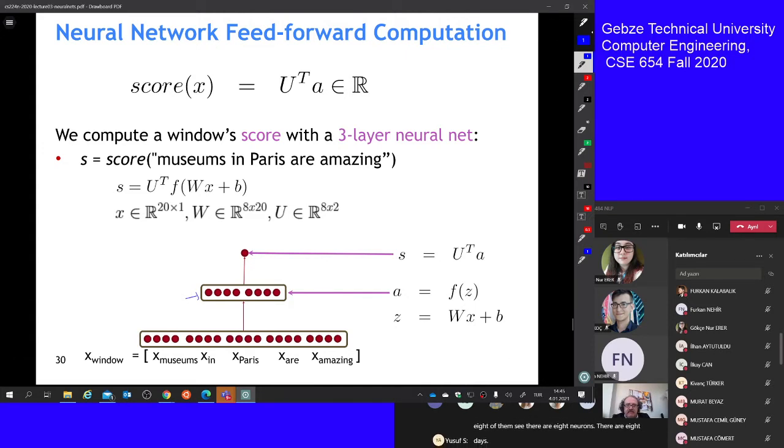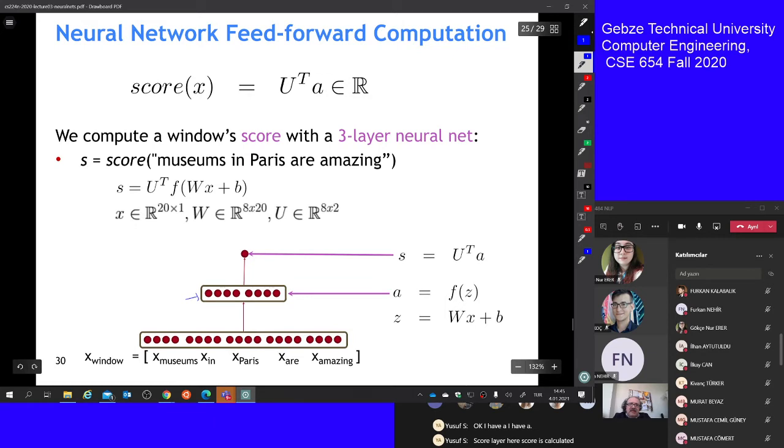Then after that, at the final layer, I have a score layer here. Score is calculated like A times U transpose. U is the weights for this final layer.